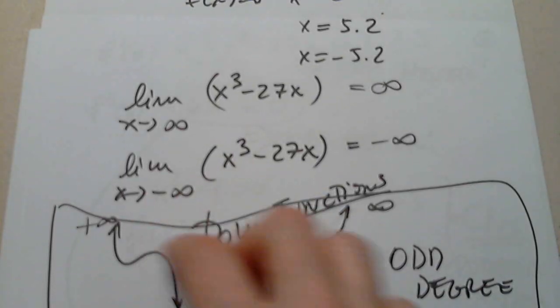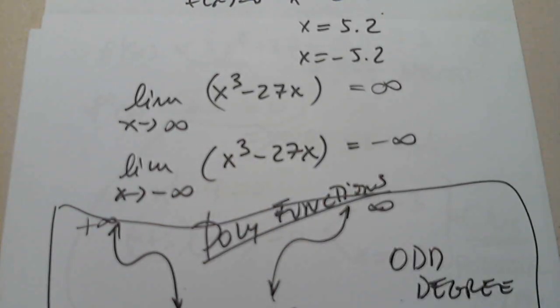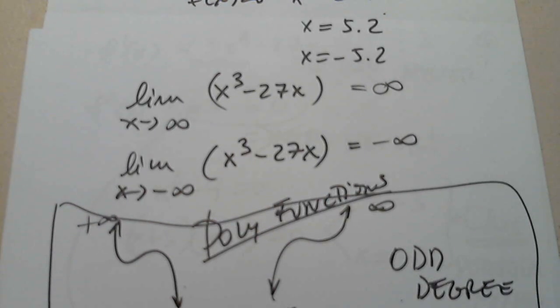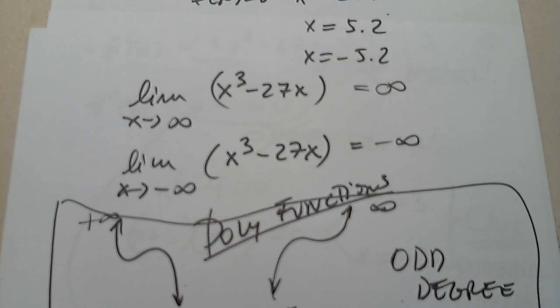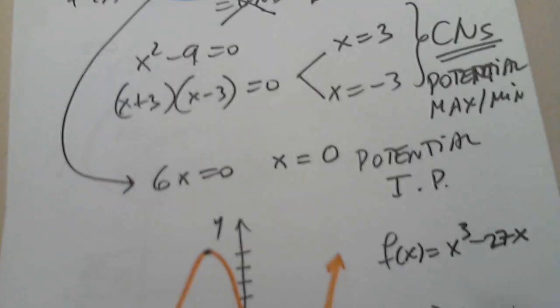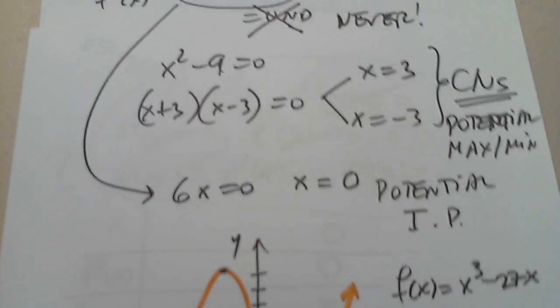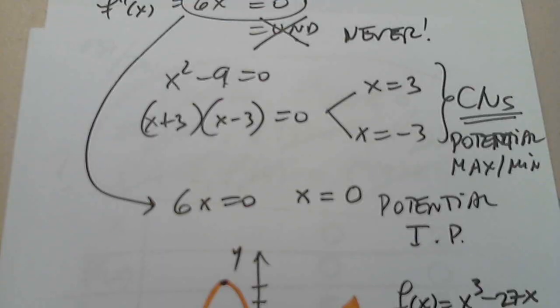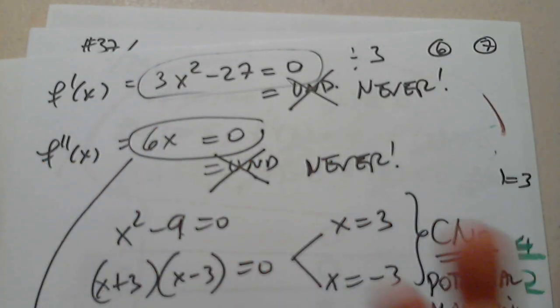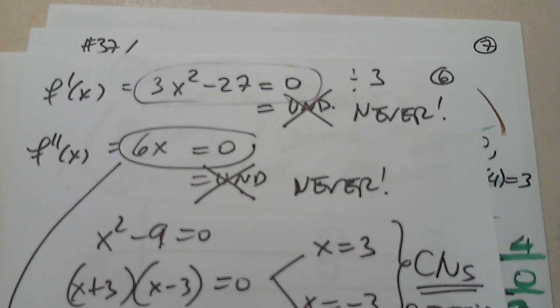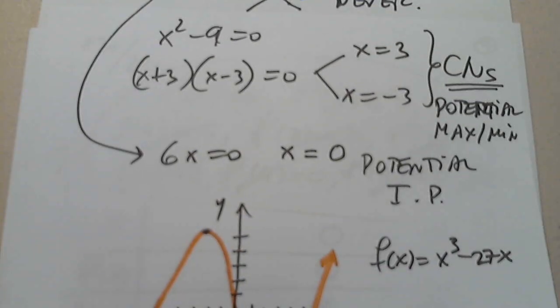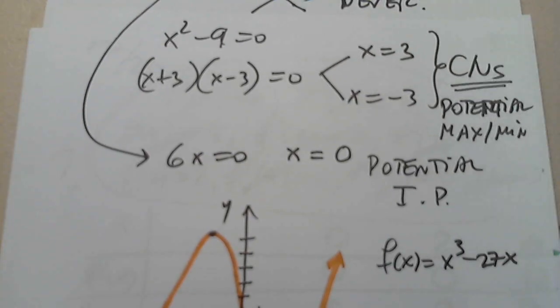Of course, you may have more bumps and ups and downs, but either from positive infinity to positive infinity or negative infinity to negative infinity. And then we finished with this graph after we found out everything: first derivative, second derivative, critical numbers, etc. We studied everything, put everything in a table, and came up with a graph.